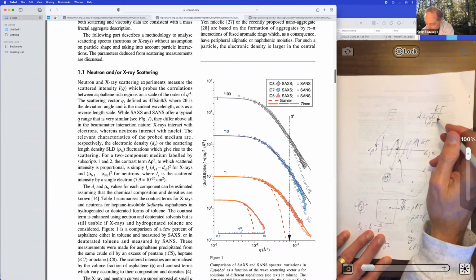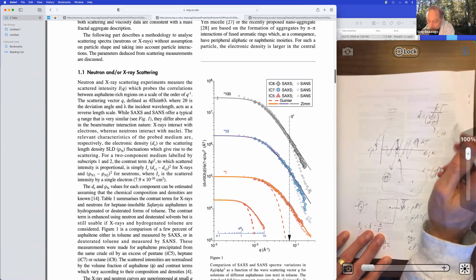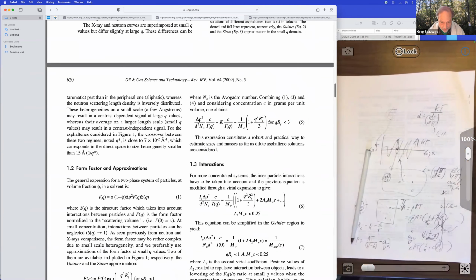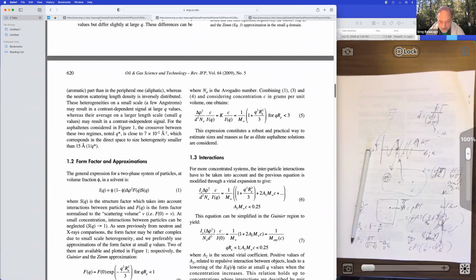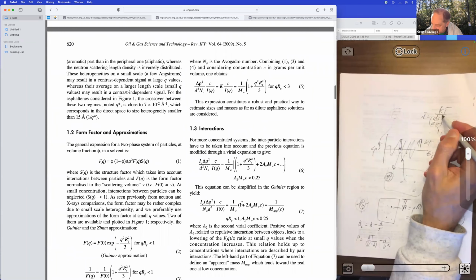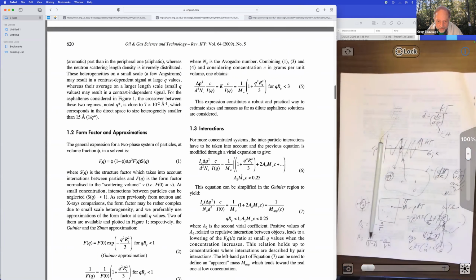It's inverse to this dc d pi, which you can calculate from the Flory-Huggins equation. That's the gist of this, where this term 1 plus 2 A2 molecular weight times C comes from. This comes from the Flory-Huggins equation, or any thermodynamic equation for miscibility. You just take the derivative of the pressure with respect to concentration, and then you get this expression.